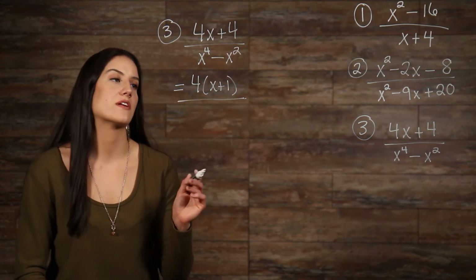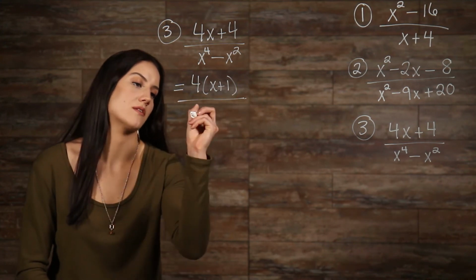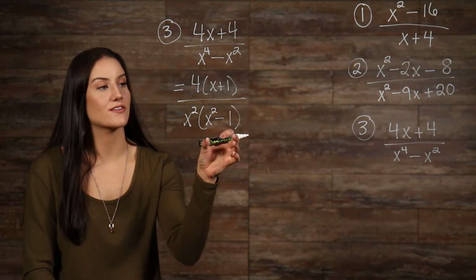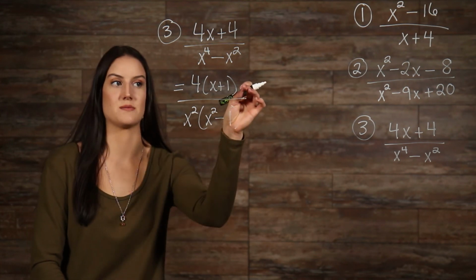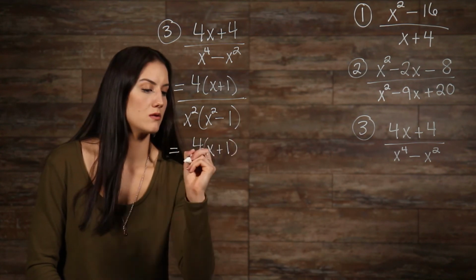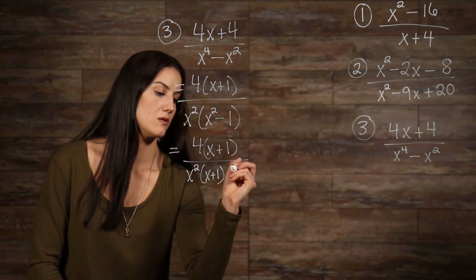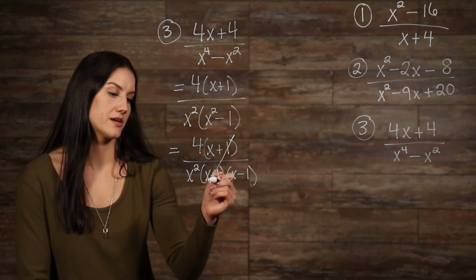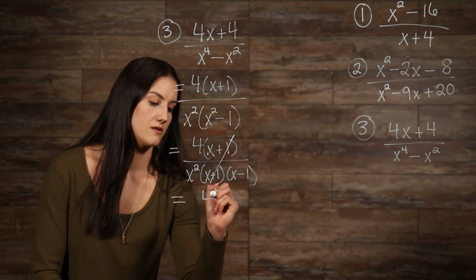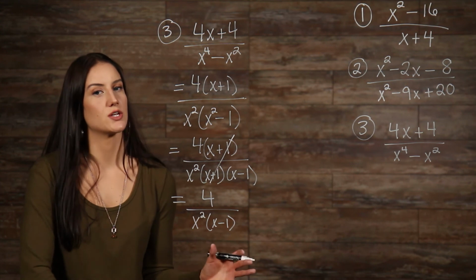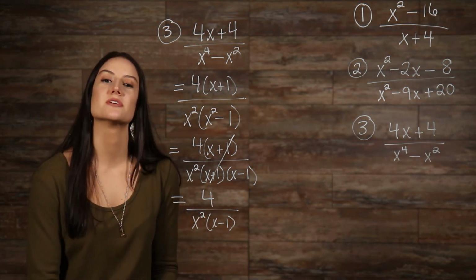In the denominator, we can factor out an x squared, which would give us... But notice, we can factor this out even further so that we can get something to cancel out with our numerator here. At this point, we can cancel out our x plus 1's here, leaving us with... There's no further reduction we can do, so now we have it in our simplest form.